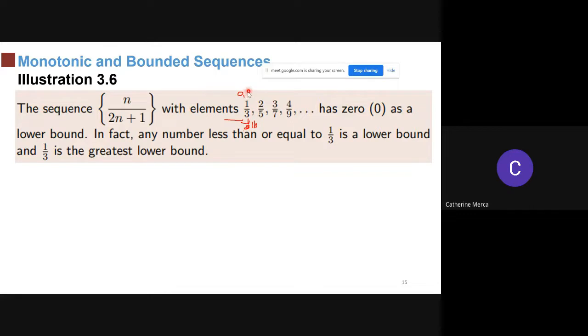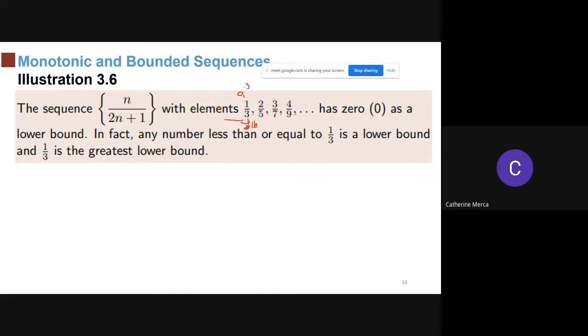Sige daw, i-compute daw para makita natin. Increasing mode siya. What is 1/3? Give me the value for 1/3. 1 divided by 3. Sige. 0.33, ma'am. Okay, 0.3.